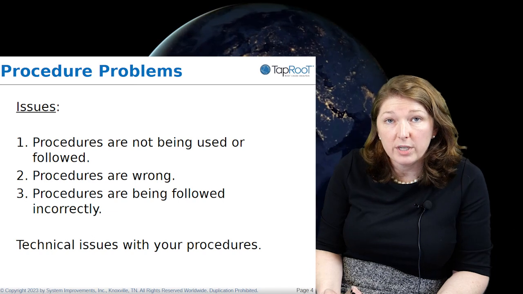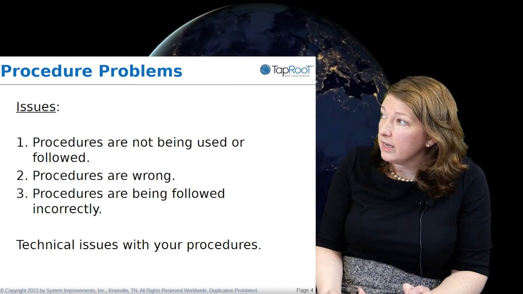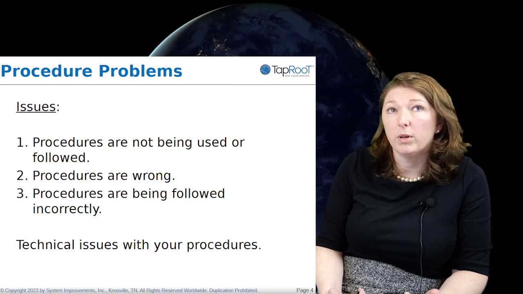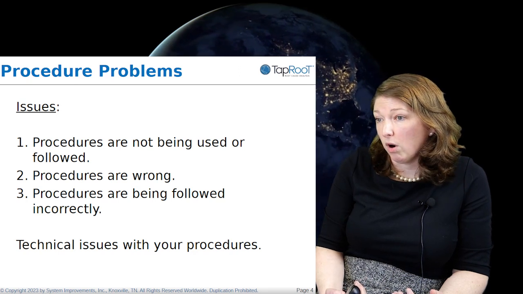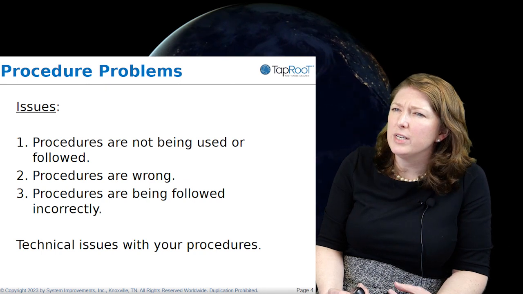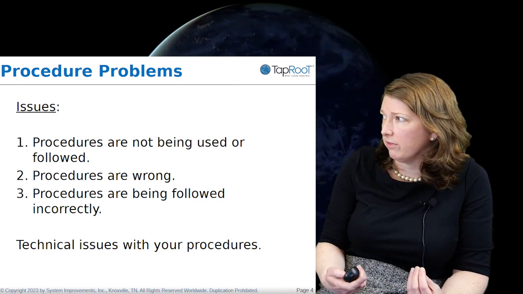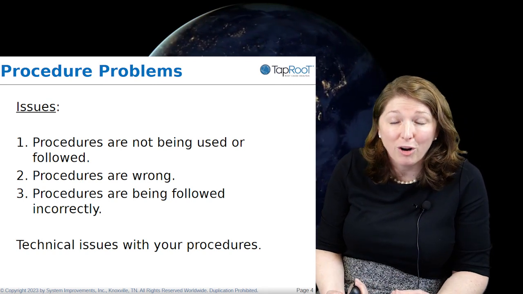So issues. We talked about technical and how you can have technical things that are inaccurate with your procedures, and that can be a problem. The first one is procedures are not being used or followed. If you are seeing that your procedures aren't being used or followed, there could be a technical reason for that. Also, your procedures are wrong.